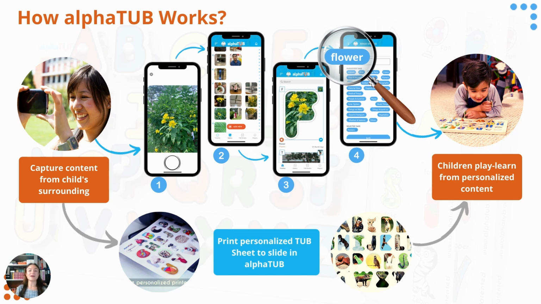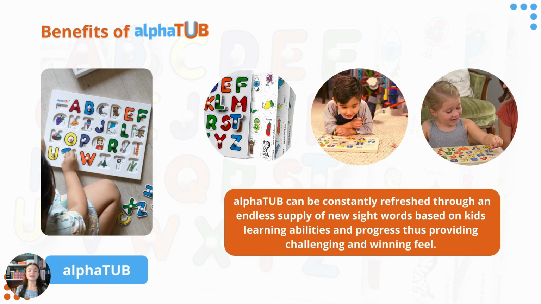By using the same app, you can convert that content into learning content in the form of TUB sheets. Now, print the personalized TUB sheet and slide it into the alphaTUB board. Children can then play and learn at the same time from the personalized content.